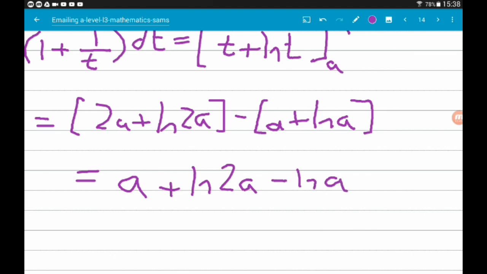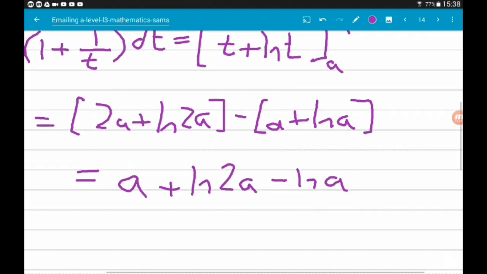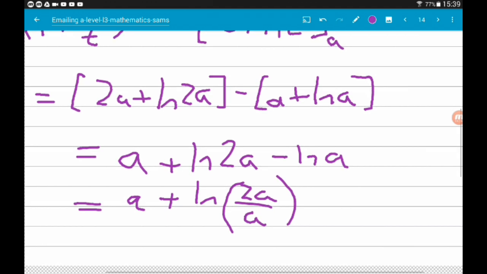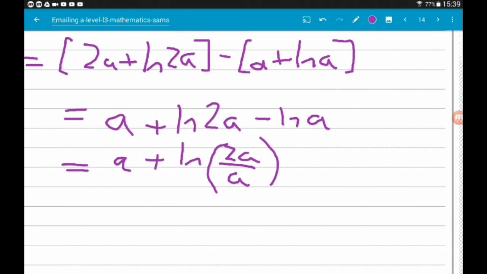Now, by our rules of logarithms, remember log 2a minus log a can be simplified to log of 2a over a. So this is equal to a plus log of 2a over a, which is a plus log 2.